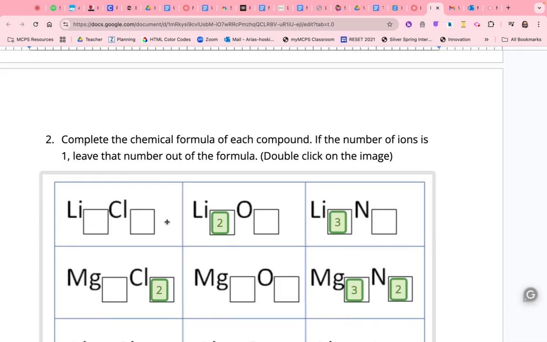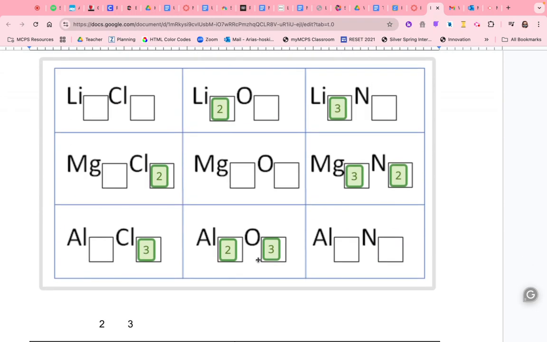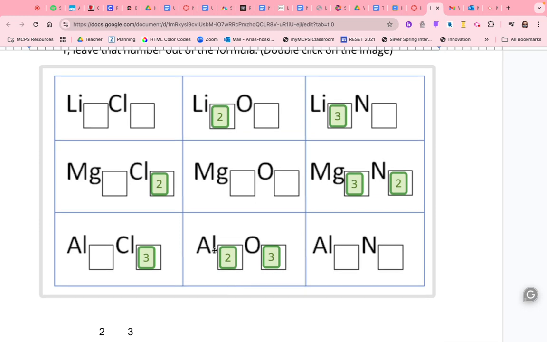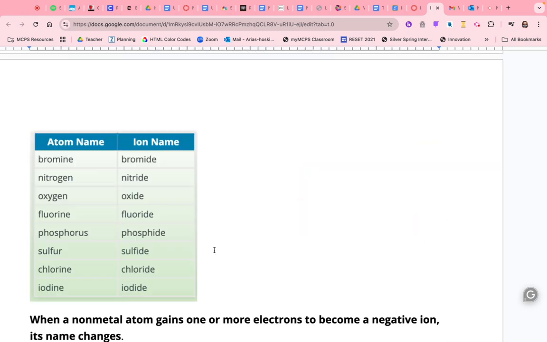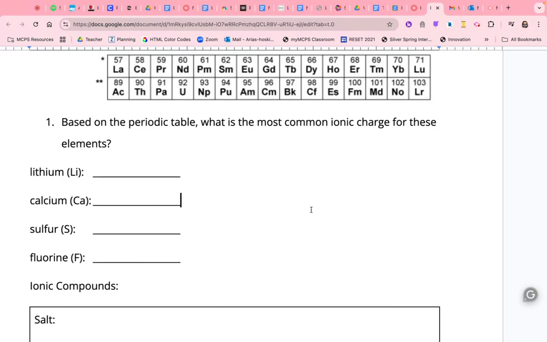Now, what you're going to be doing here is complete the chemical formula of each compound. If the number of ions is 1, just leave that number out of the formula. So I did this one already. You have 2 aluminums in here and 3 of the oxygen. If you look at the paper, guys, Al is 3 plus.